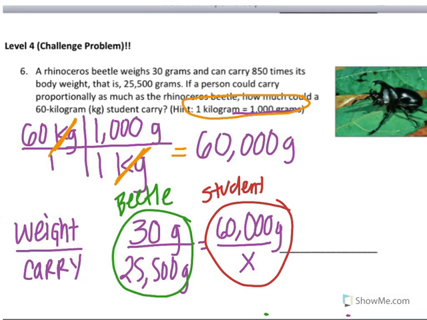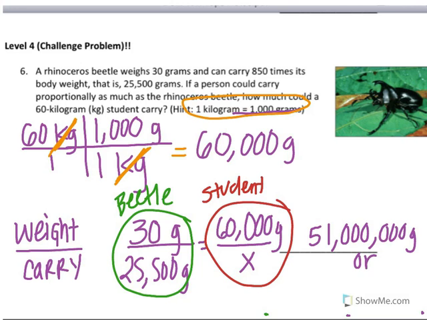If we cross multiply and divide, we get the student can carry 51 million grams. Now that is a lot. We don't really have an accurate reading of that, and as we look back at the question, it doesn't ask us what measurement it wants it in.